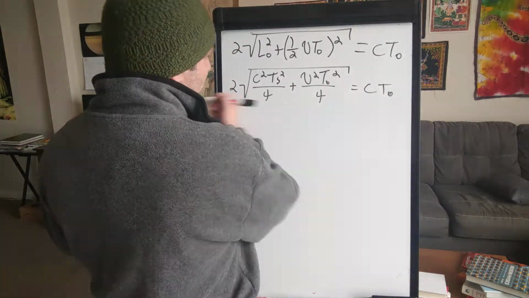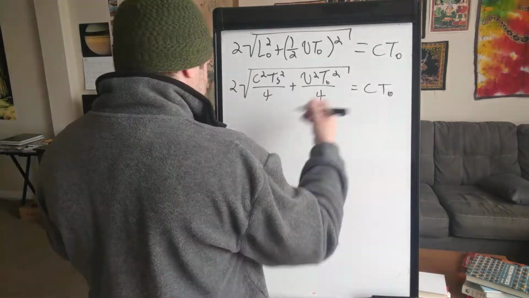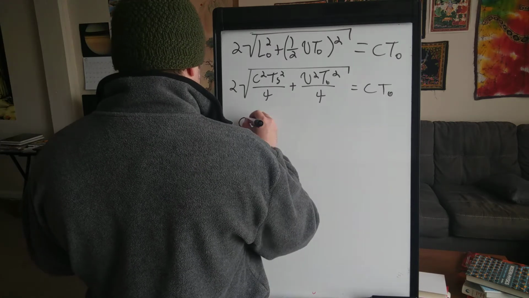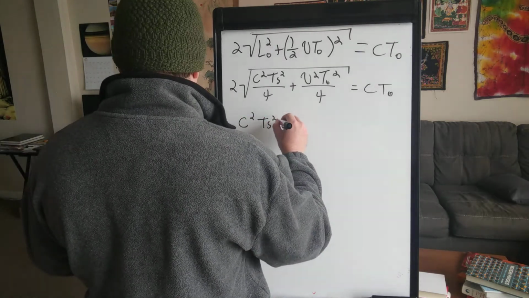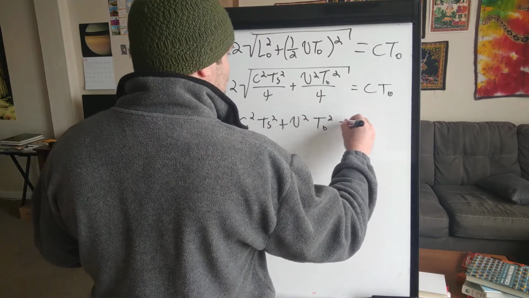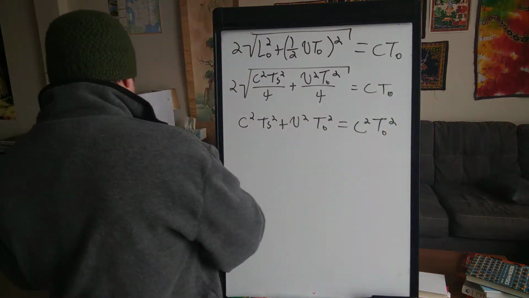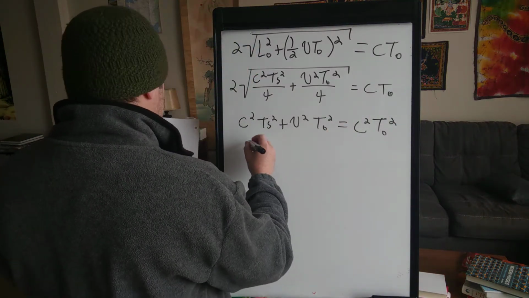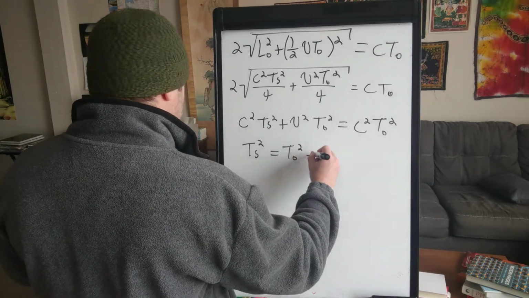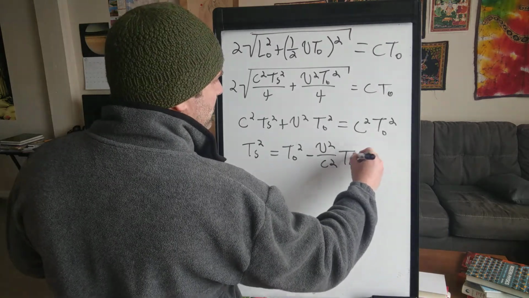And then of course I can bring both of those 4's out front and cancel with 2, and then I'll square both sides. So we get c squared ts squared plus v squared t naught squared equals c squared t naught squared. And then doing a couple lines of algebra, ts squared equals t naught squared minus v squared over c squared t naught squared.